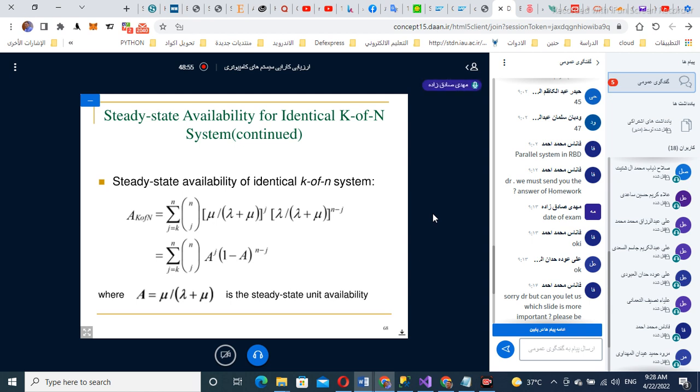That is summation j equal k to n, combination j from n, A exponent j, multiply (1 minus A) exponent n minus j, where A equal mu divided by (lambda plus mu) is the steady state unit availability.